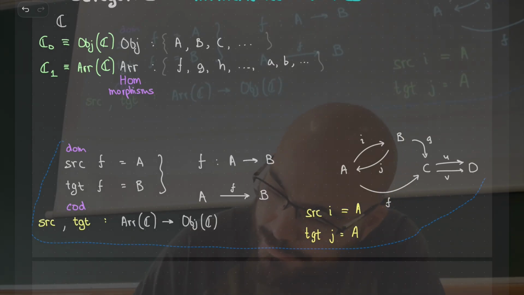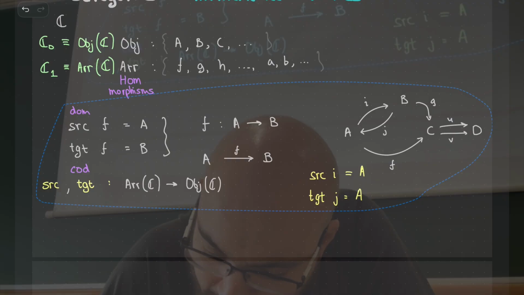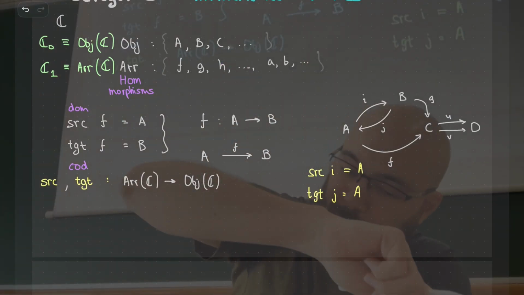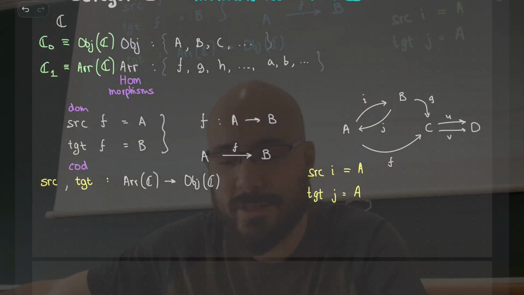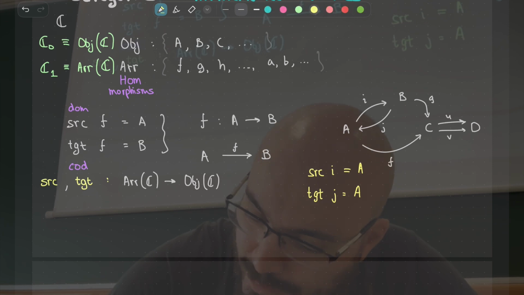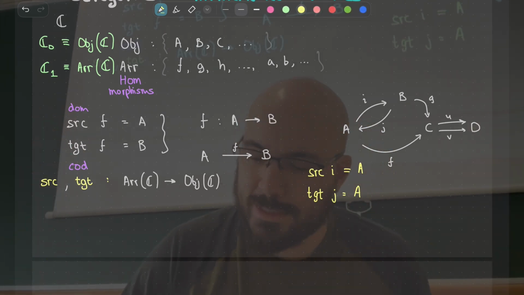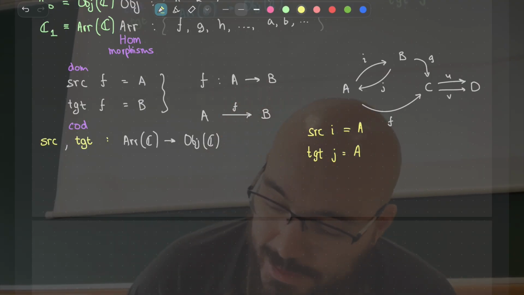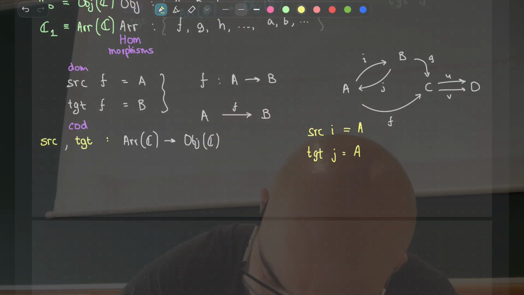Let's say I have told you what the objects of a category are. I have told you what the arrows are. For each arrow, I've told you from where it starts and where it ends. I'm not done yet because there are two main operations in each category: the identity and the composition.